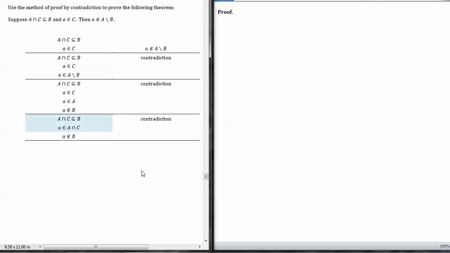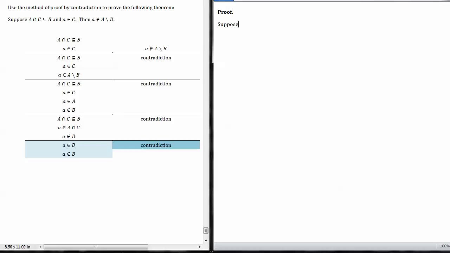Just put those two together and get that A is in B. Bring down the rest of the stuff, and then there's our contradiction. There's no way that A can be in B and not in B at the same time. So that finishes it. Let's try and write it up.